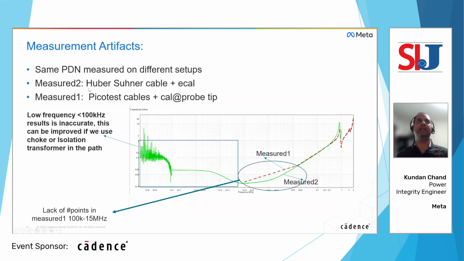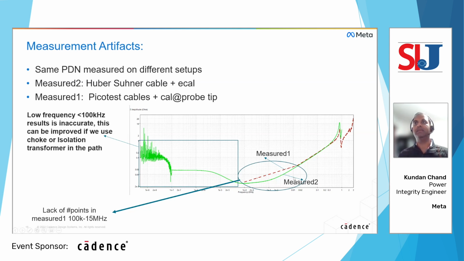This is highlighted here. For the measured 1, we used the Pico test cables plus calibration at the tip of the probes, whereas measured 2, we used the Huber-Suner cable plus ecal at the end of the cable. So we did not calibrate till the end of the probe tip.